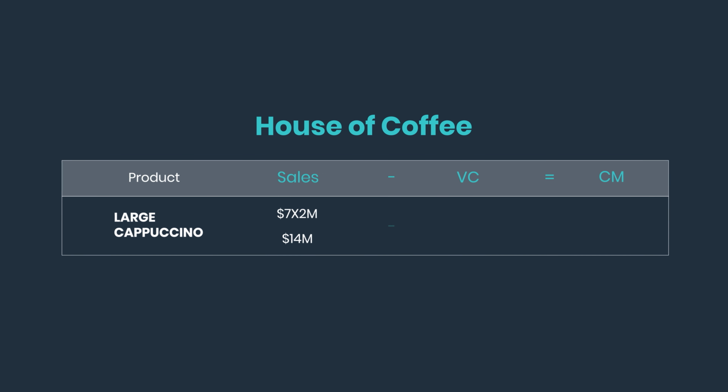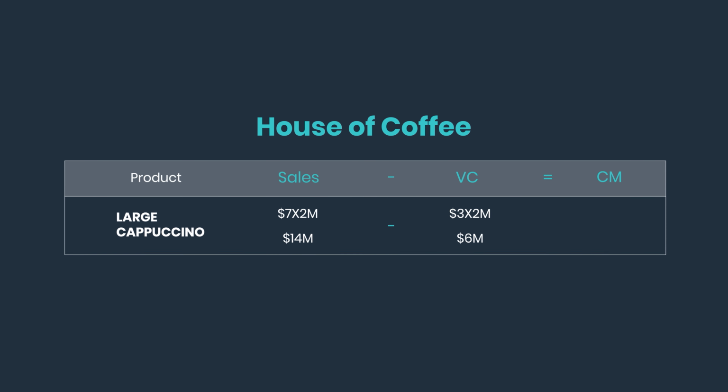And if the variable cost for each large cappuccino is $3, the total variable cost, or variable cost per unit times number of units sold, is $6 million. Plugging this into the formula, we have $14 million minus $6 million, which gives us a total contribution margin of $8 million.